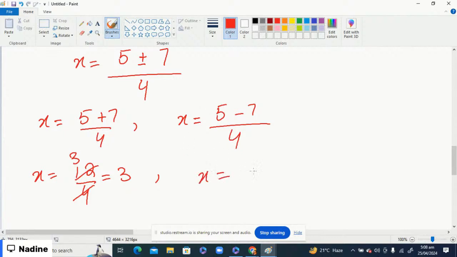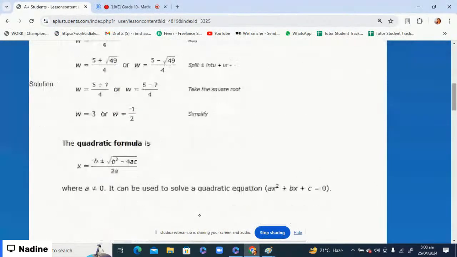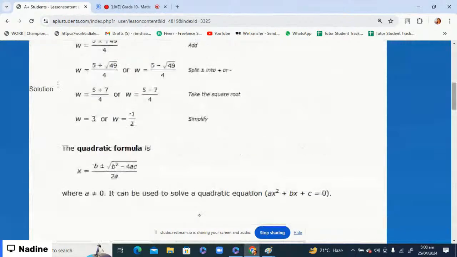So x equals minus 2 over 4, which is minus 1 by 2. So what is your solution set? X equals 3 and minus 1 by 2. These are your answers.